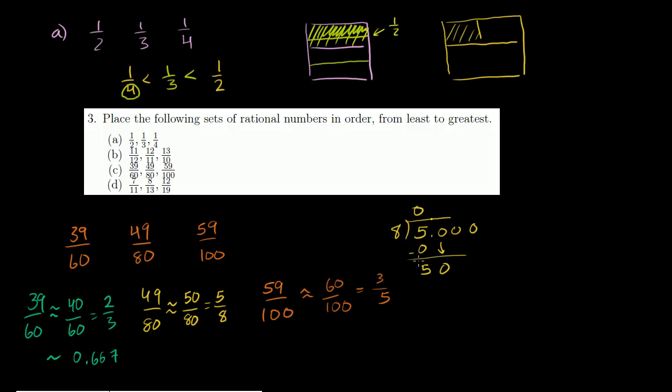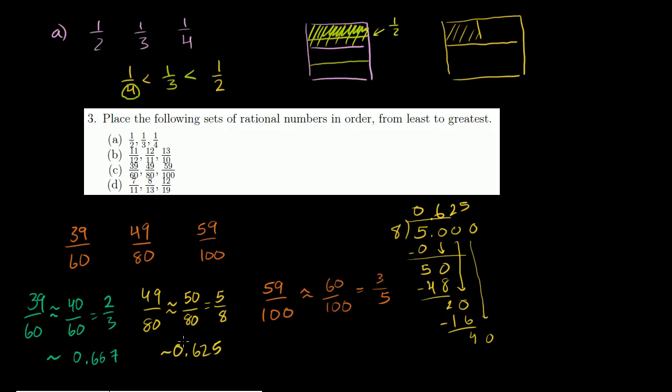Bring down a 0. 8 goes into 50 6 times. 6 times 8 is 48. 50 minus 48 is 2. Bring down a 0. 8 goes into 20 2 times. 2 times 8 is 16. Subtract, you get 4. Bring down a 0. 8 goes into 40 5 times. So this right here is 0.625.